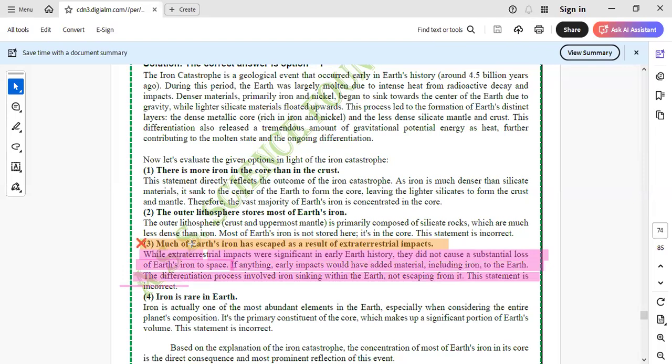क्योंकि आपको लॉजिक पता होना चाहिए सबका। Fourth one, which they are saying that iron is rare in Earth. या रेयर क्यों, अच्छी खासी क्वांटिटी में है। अगर अर्थ को as a whole unit मानूं तो सबसे ज्यादा आयरन ही हमने पढ़ा है, फीओ सीमा NSC, all right। अगर अर्थ को as a complete unit मानता हूं तो 'आयरन is rare in Earth', ये स्टेटमेंट के ऊपर भी लाइट डालेंगे। Iron is actually one of the most abundant elements in Earth, right, अगर आप अर्थ को as a whole unit मानेंगे। मैंने स्ट्रक्चर ऑफ अर्थ में पढ़ाया था, especially when considering the entire planet's composition, it is primarily constituent of the core, which makes up a significant portion of the Earth's volume.